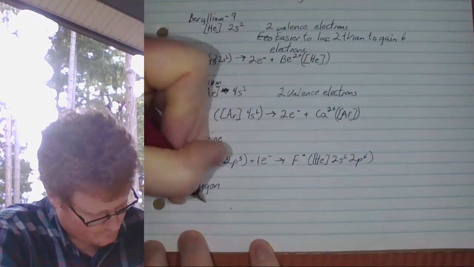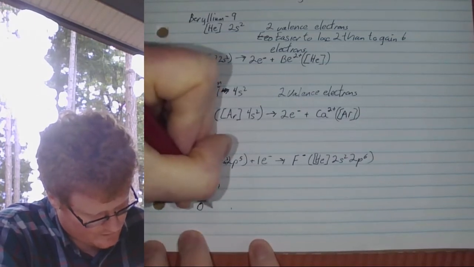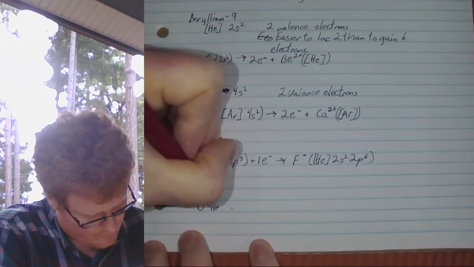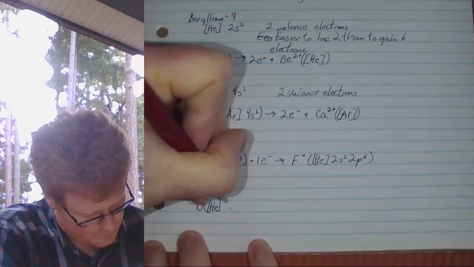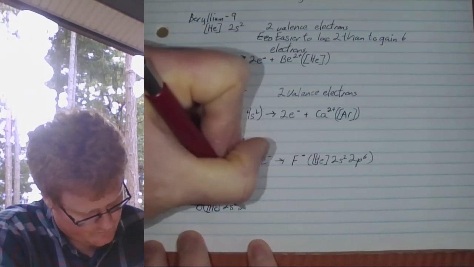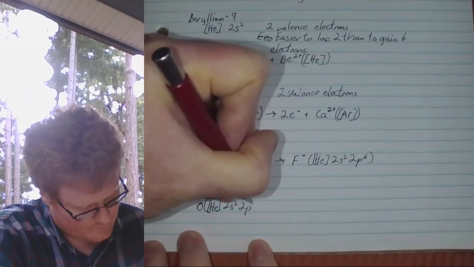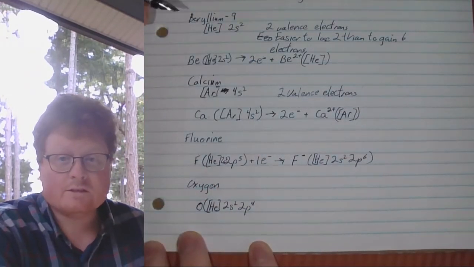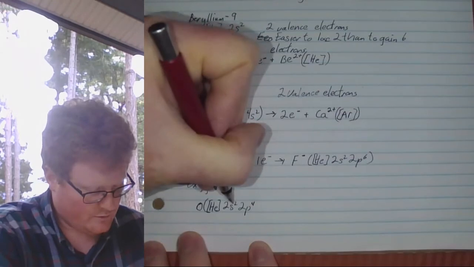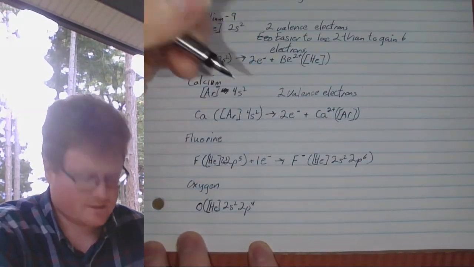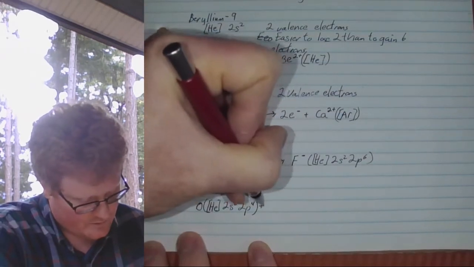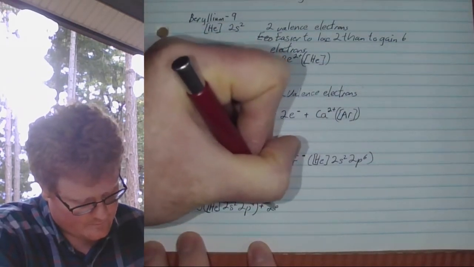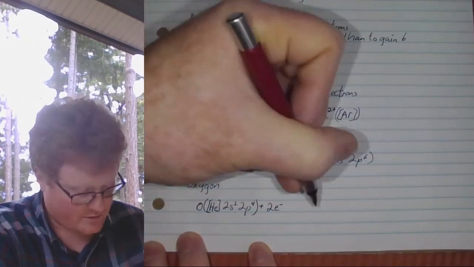Well, oxygen has a helium core, 2s2, 2p4. So it has 4, 5, 6 valence electrons. How many does it need? 2. So it's going to add 2 electrons to itself.